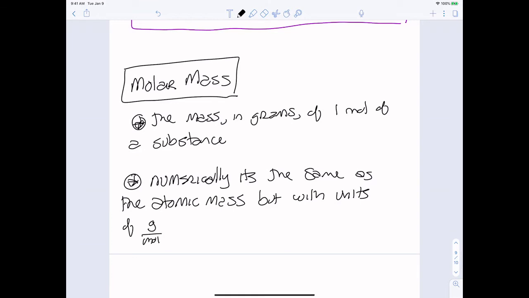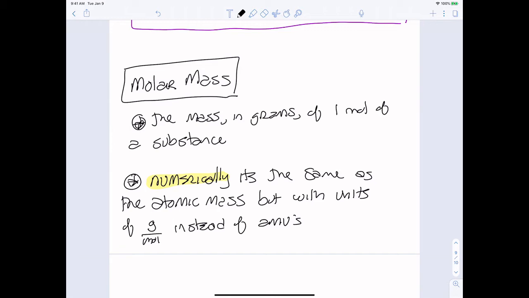Because it's the number of grams per mole, that's my definition, instead of atomic mass units. Again, be careful. Numerically, it's the same. Conceptually, totally different. They are not even remotely the same thing, right? It just happens that the number is the same. So numerically the same, not conceptually, right?